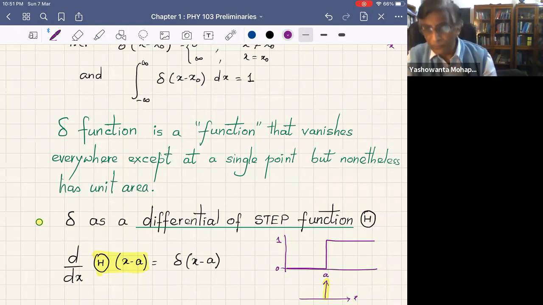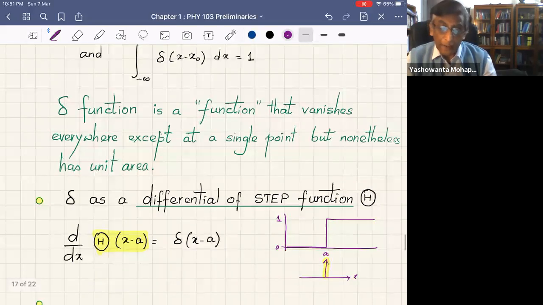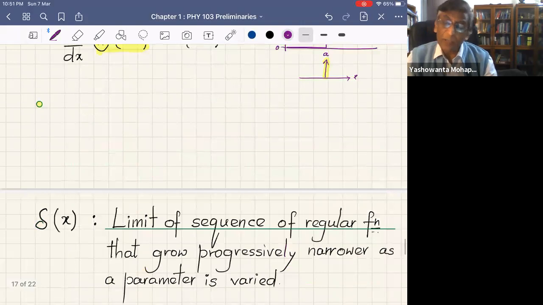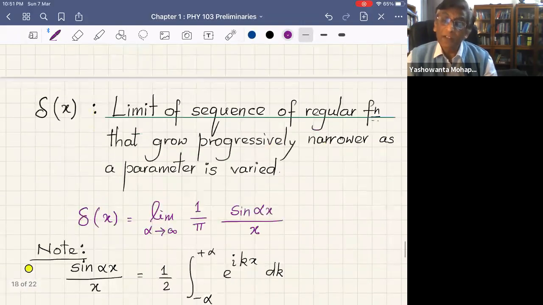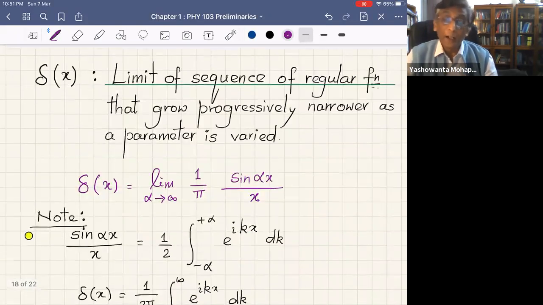There are many ways of viewing this function because it has uses in different contexts. To satisfy the mathematicians, it can also be considered as the limit of a sequence of some regular functions. But what is the nature of the regular function? It grows progressively narrower as a parameter is varied.